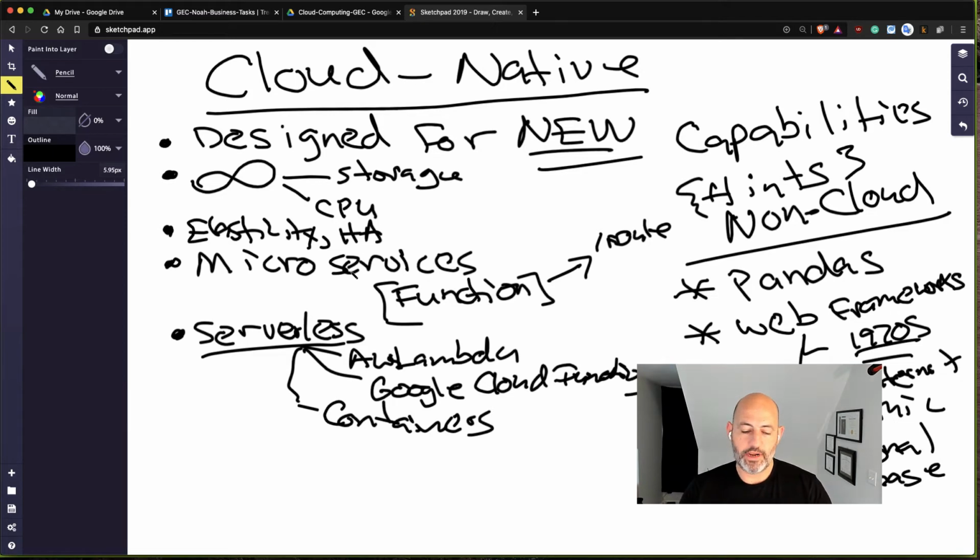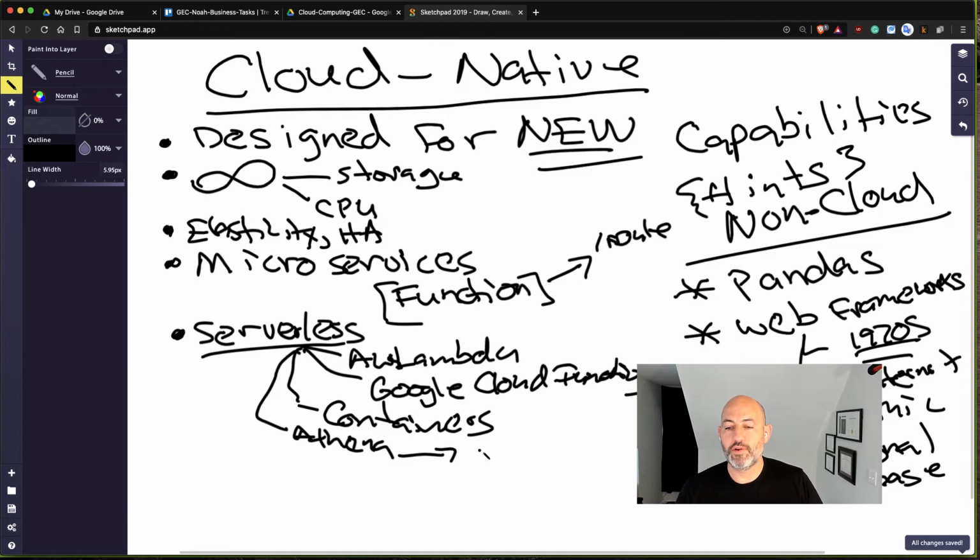Some other cloud native technologies in serverless would be the data management layers. We talked about the non-cloud native ones like pandas, but there are cloud native ones. For example, Athena with AWS lets you do an on-demand SQL query to your data lake.